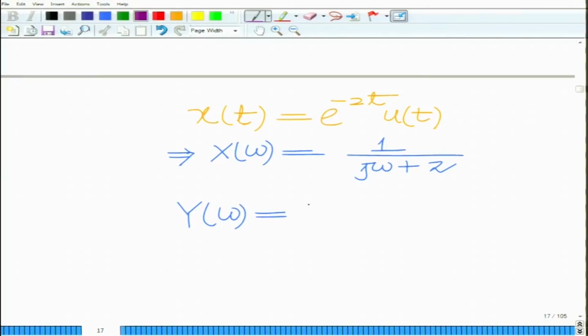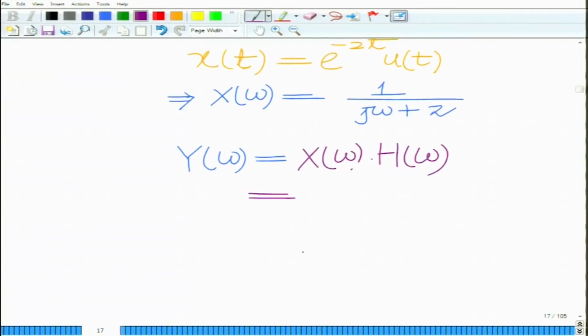Y of omega is the Fourier transform of the input signal X of omega times the Fourier transform of the filter response, H of omega. So, Y of omega is X of omega times H of omega, and remember, H of omega is 1 only for magnitude of omega less than omega c. So, it allows only the frequency components of the signal in this minus omega c to omega c band to pass through, and it suppresses all the frequency components outside this band, because its response is 0 outside of this band.